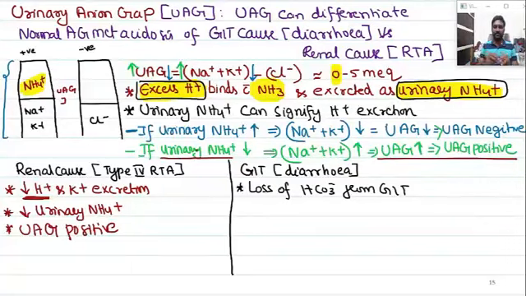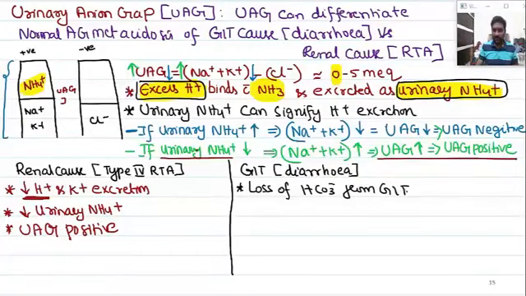My kidney will try to excrete all the excess H plus. So usually H plus and bicarbonate will be in equilibrium. Now because of a disease, bicarbonate is decreasing because of loss of bicarbonate from GIT. Now if the kidney is functioning well, this kidney will try to excrete all this H plus from the body. See, kidney's function is to excrete something which is excess in the body.